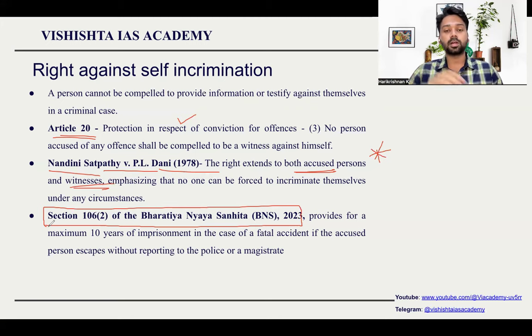He will be accused of the crime and considered a criminal. Earlier, the term was 5 years. Now it has been increased to 10 years of imprisonment.